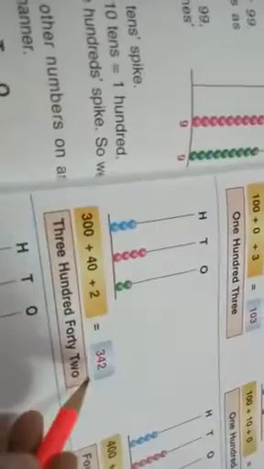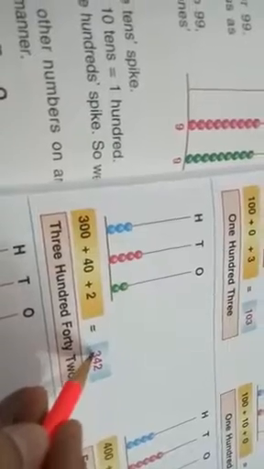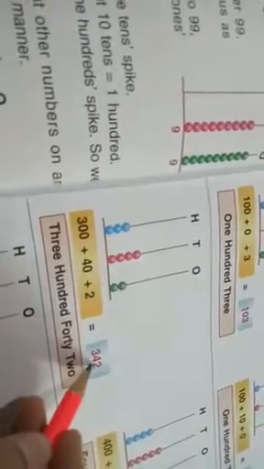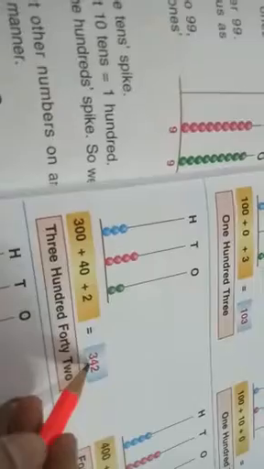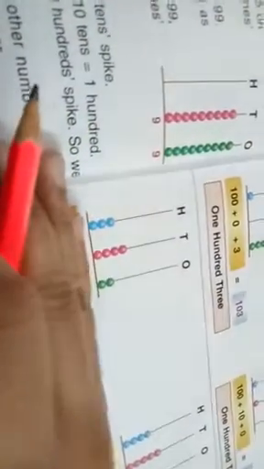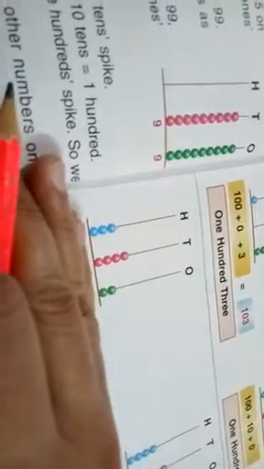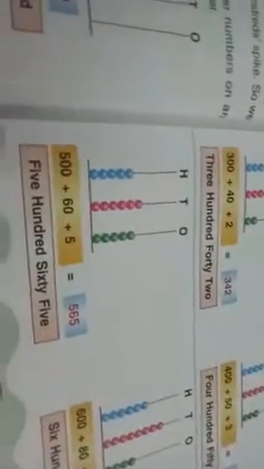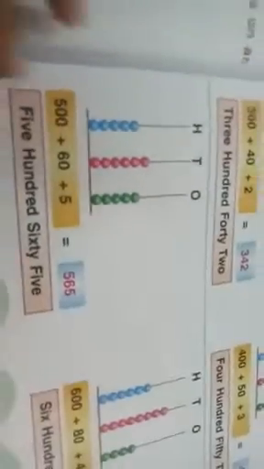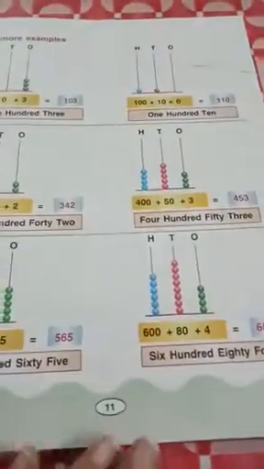See here, 342. Ones, tens, hundreds, 342. In the ones place 2 beads, tens place 4 beads, hundreds place 3 beads. So even if this is not there, we can give the answer. This is 342. Understood? So till now in class 1 we read about double digit numbers. These are 3 digit numbers.